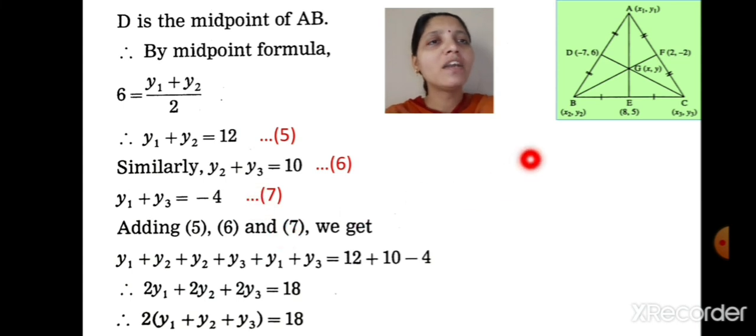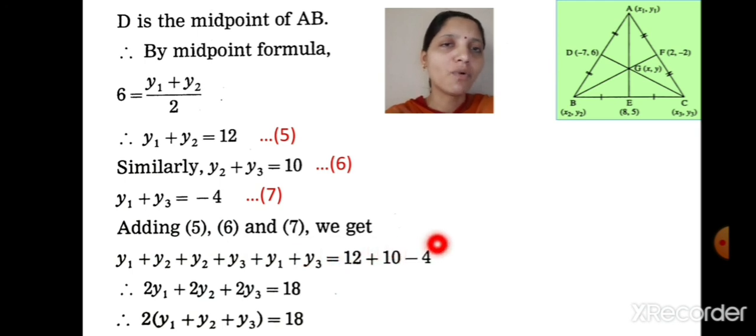Now as we added equations 1, 2 and 3 for the x coordinate, similarly here also we have to add equations 5, 6 and 7. What will you get? y1 plus y2 plus y2 plus y3 plus y1 plus y3 is equal to 12 plus 10 minus 4.